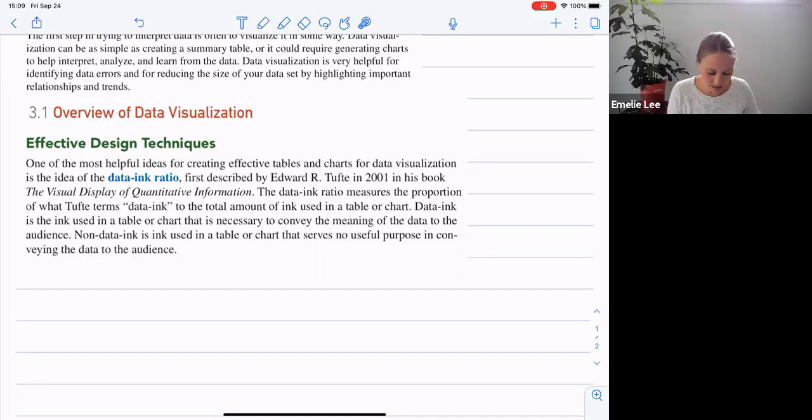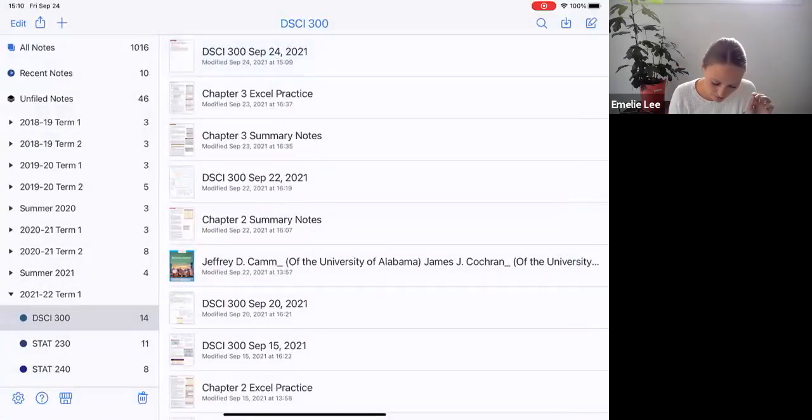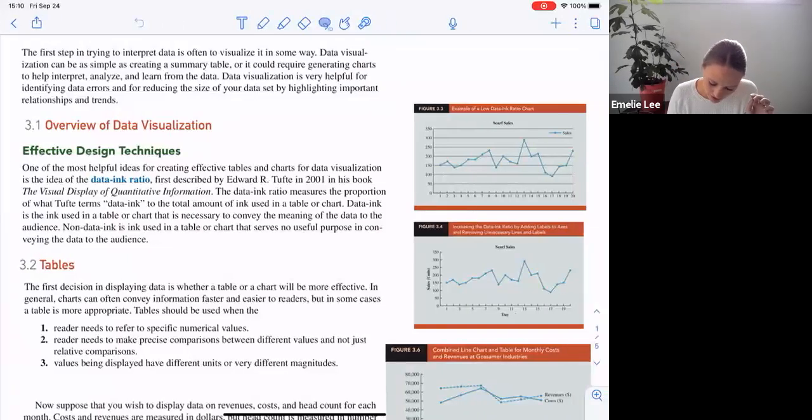And so he developed this idea of the data ink ratio, and it is something to keep in mind, right? So in a graph, you're going to have what we call data ink, right? Ink that is representing data, right? So in a scatter plot, the data ink would be things like the points on the scatter plot. And maybe I have an example here. Maybe, just maybe, I do.